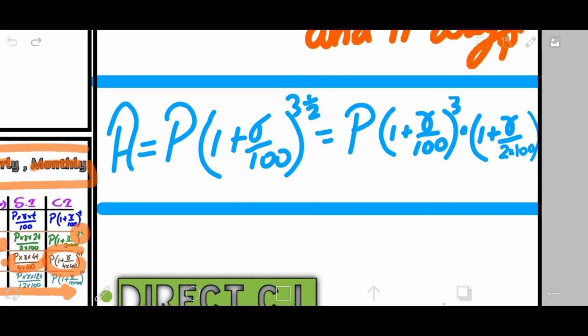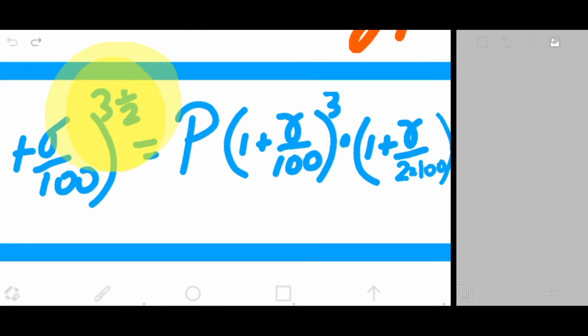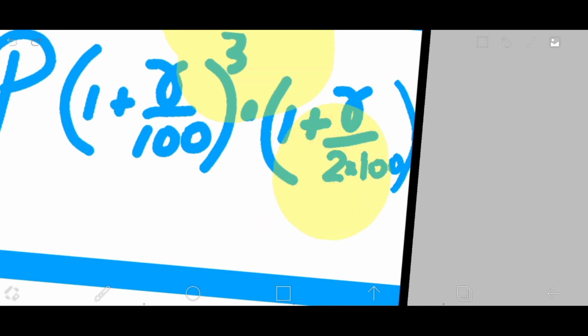So if someday you encounter a question which has a time period of, let's say, 3 and 1/2 years, basically it won't be given as 3 and 1/2 years. No, it would be given as 7/2 years. So you need to convert it to the mixed fraction first, then the 3 will be written as this. I hope you're clear. And then for this 1/2, the 2 will land with multiplying this.